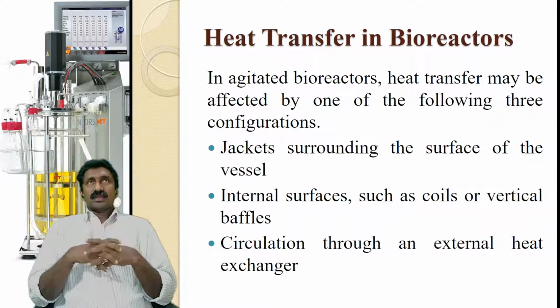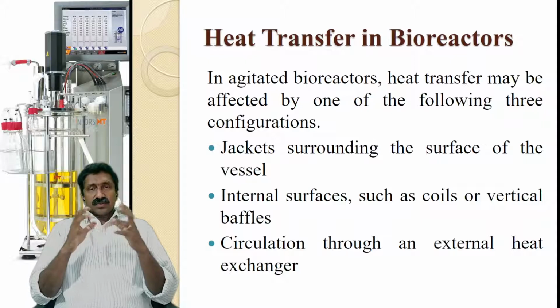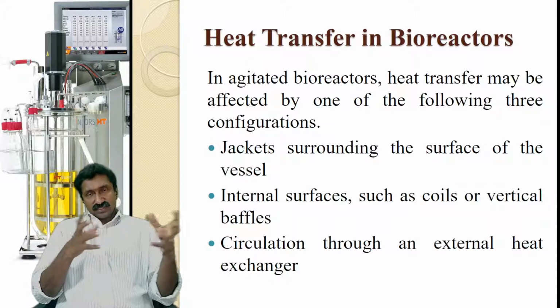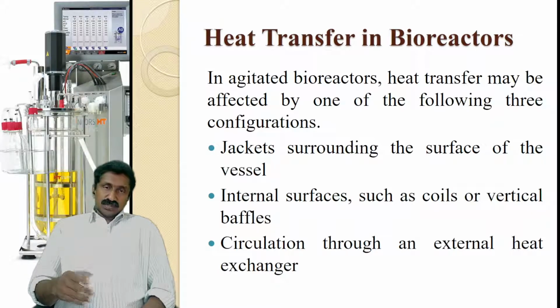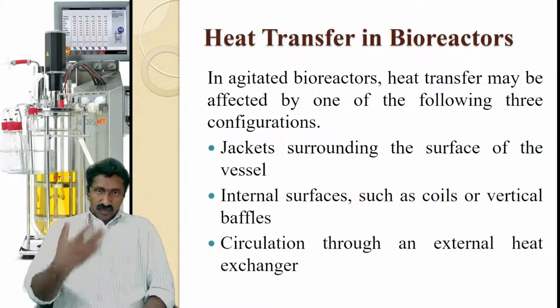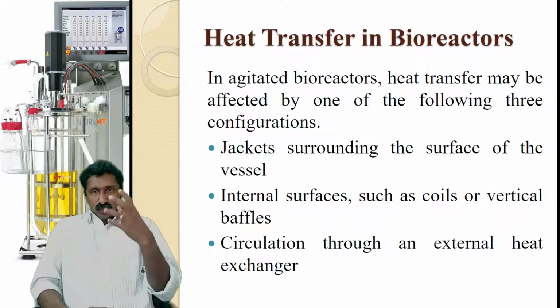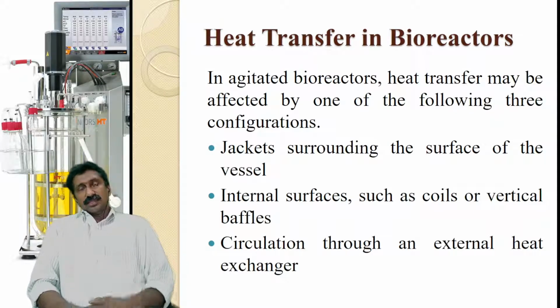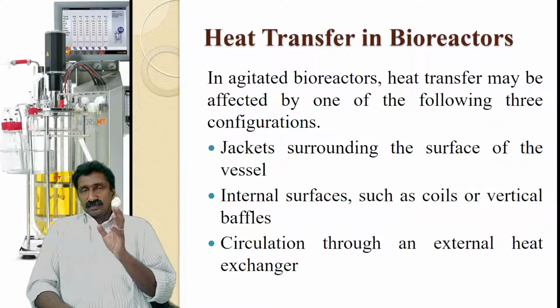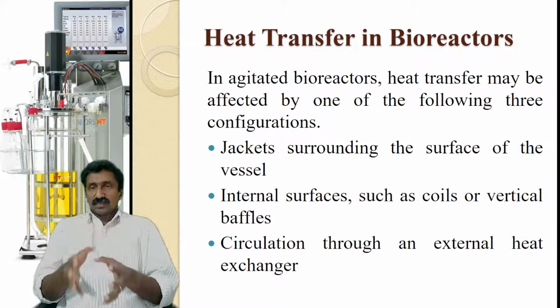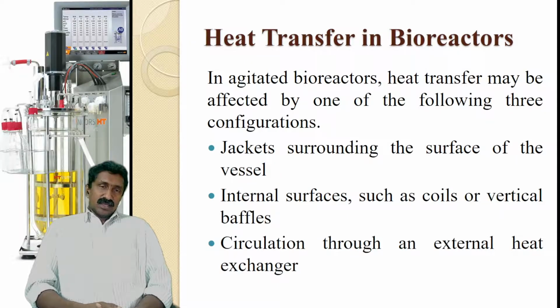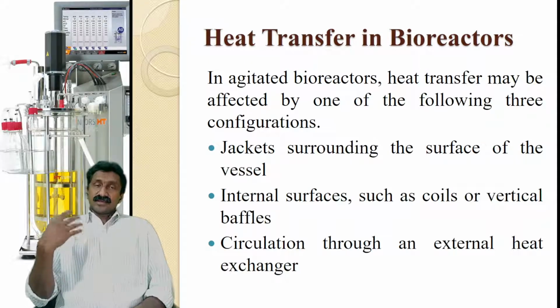For example, in a commercially available CSTR, or continuously stirred tank reactor, there will be internal coiled pipes carrying maybe cold water, and that cooling system present within the reactor will support the control of the temperature. They are part of the internal surfaces provided within the vessel or within the medium of the fermentation. And the next one is circulation through an external heat exchanger.